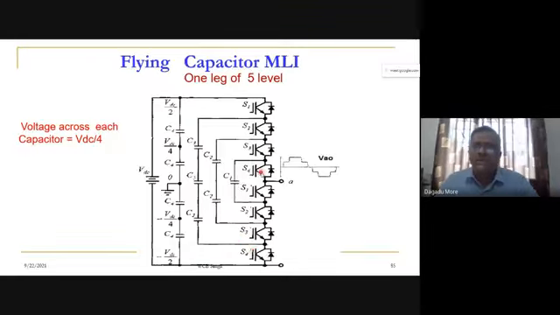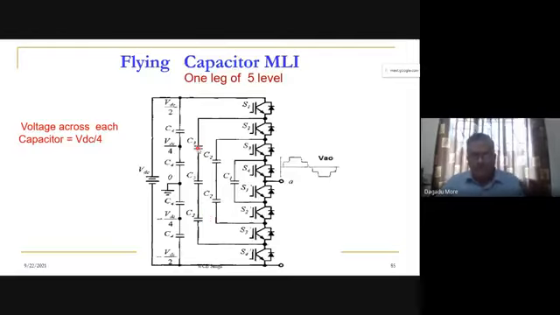And here we have connected one capacitor, the collector of S4 and emitter of S1 star, that capacitor we can call C1. If you see here, between the collector of S3 and emitter of S2, we connect two capacitors, because the voltage level coming may be double of that. And here, between S2 collector and S4 collector or S3 emitter, we connect 3 capacitors.